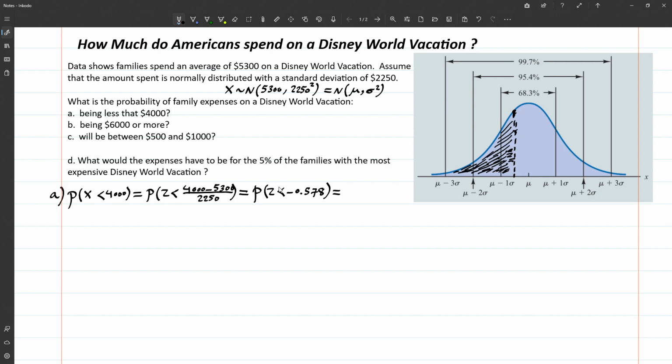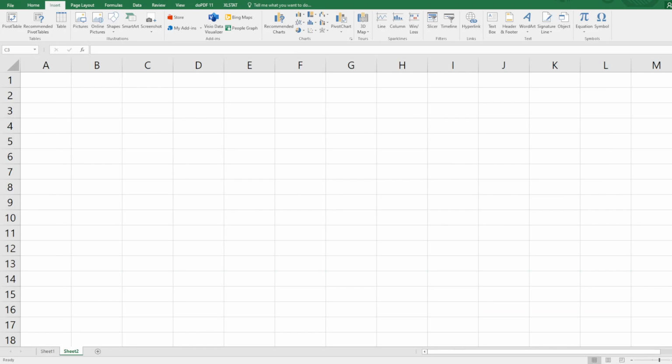To do that, the best thing is to use either the available table in textbooks or the Excel function. Here I am showing you the Excel function and how to use it. Use Excel's insert function and choose the normal distribution.